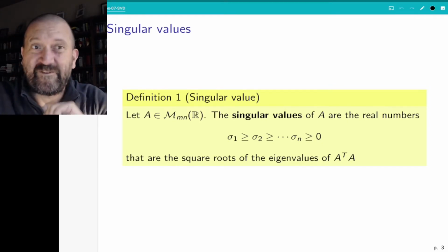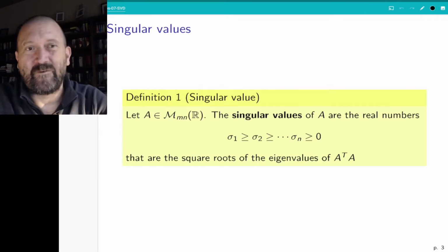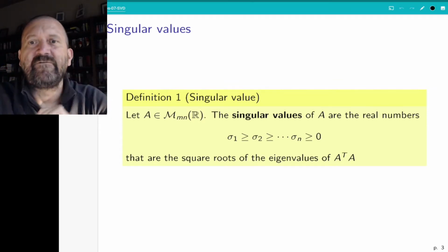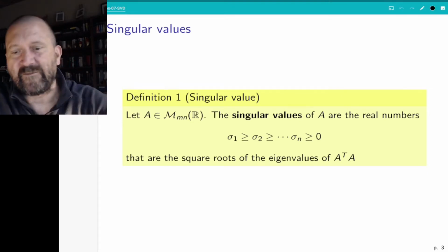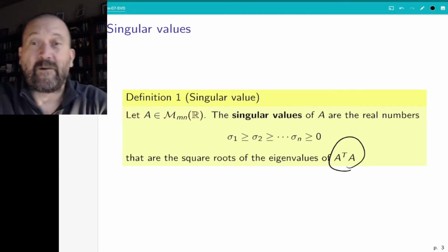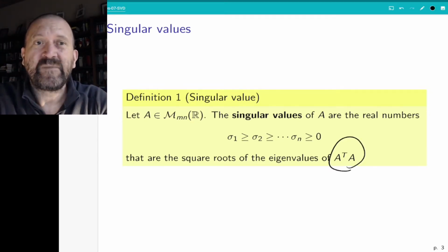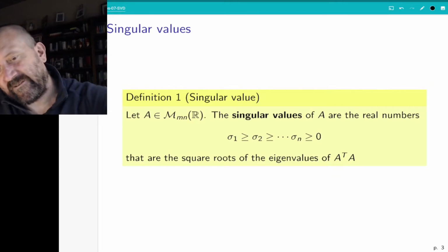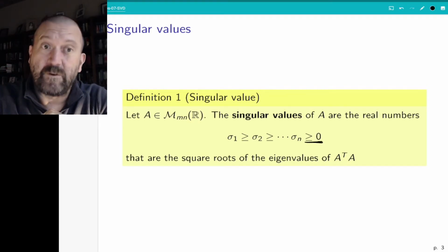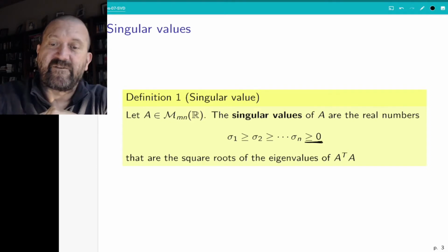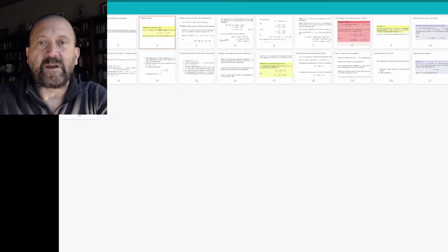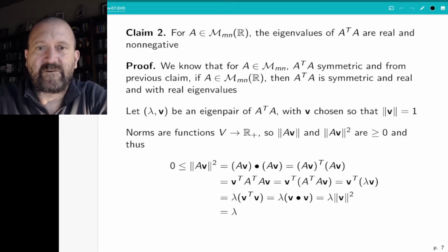The first part that we saw in the previous video was that the eigenvalues of a symmetric matrix, as is the matrix A transpose A, are real. But here I'm making another claim, and it's that they're not only real, but they're non-negative. So this time we're going to show that we have non-negativity of these eigenvalues.